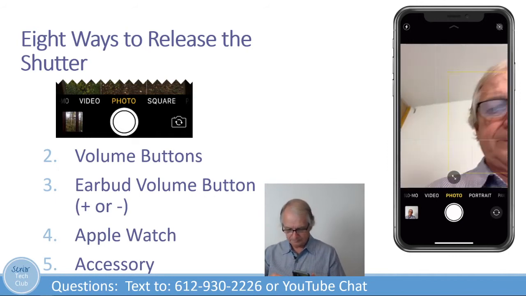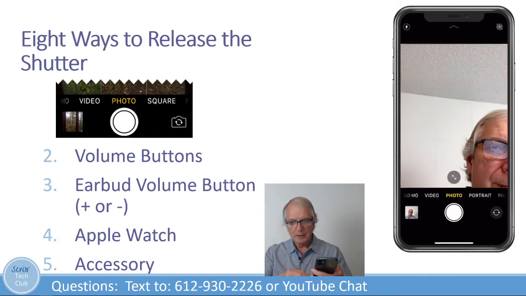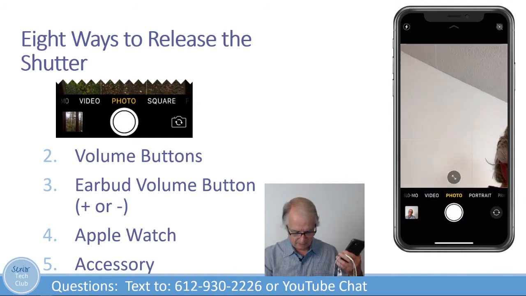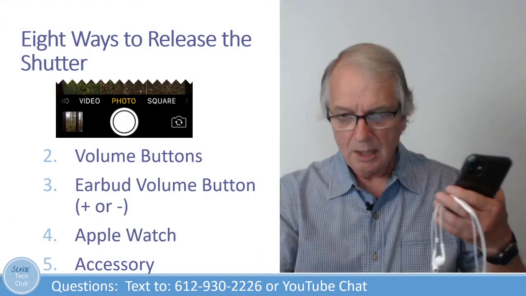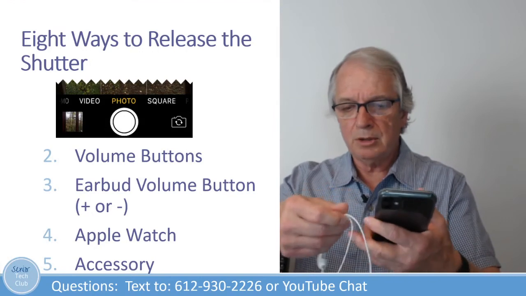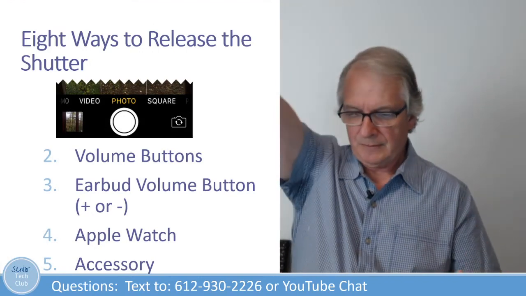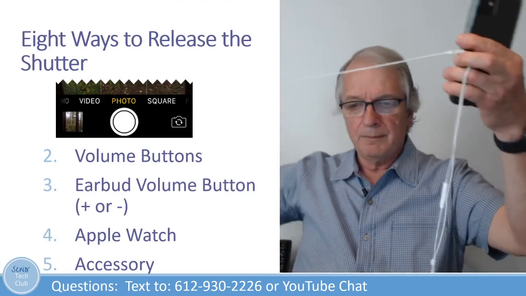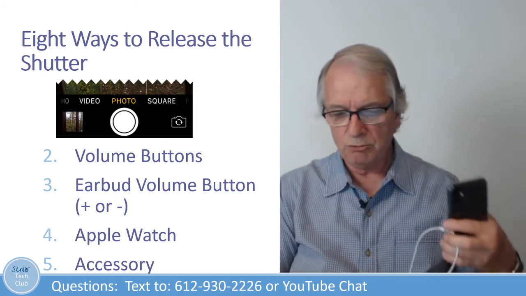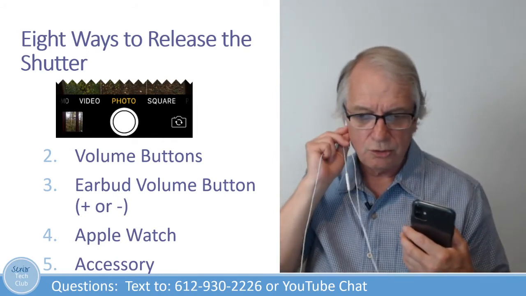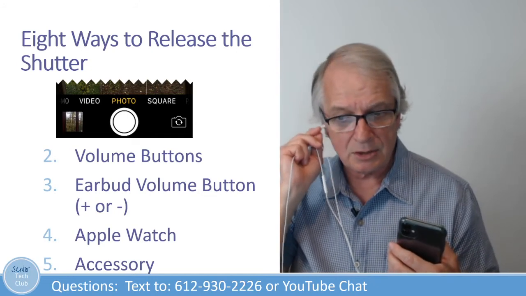Option number 3. Do you remember? In fact, let me go back to here. Do you remember the earbuds, right, that you have? These are the earbuds that you normally will use to listen to videos or podcasts and so forth.